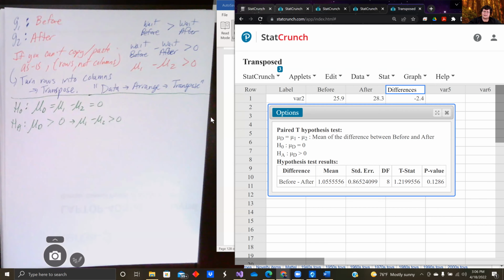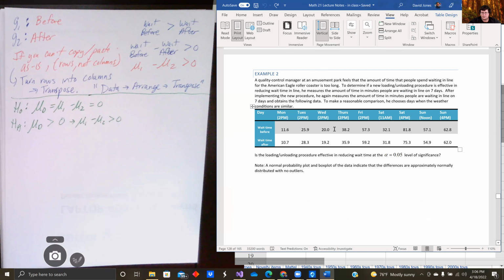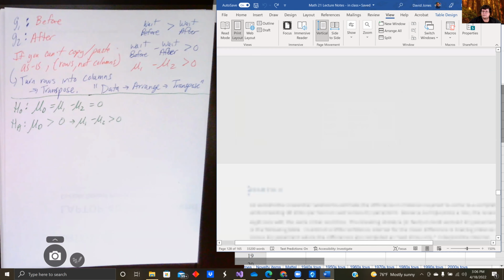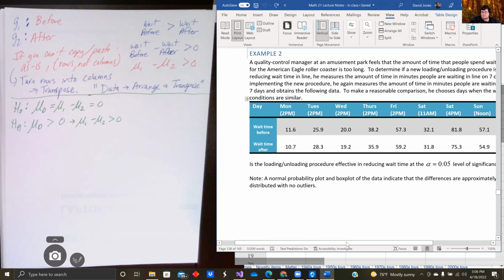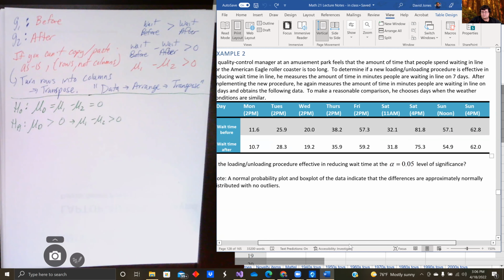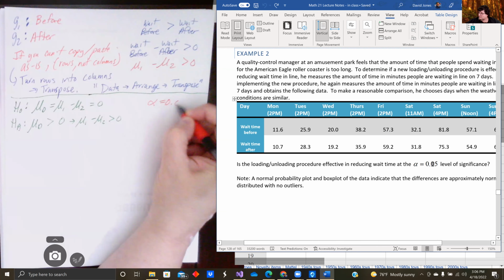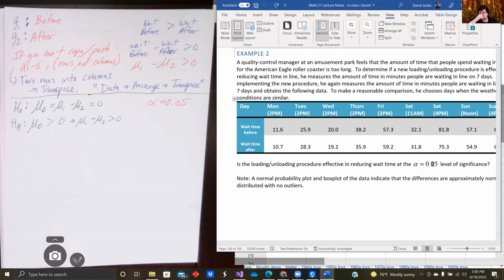Step 2 is identify alpha. I think they gave us one in the problem. Are the loading, unloading procedures effective in reducing wait time at alpha equals 0.05? Look at this. So they didn't want me to actually check it.